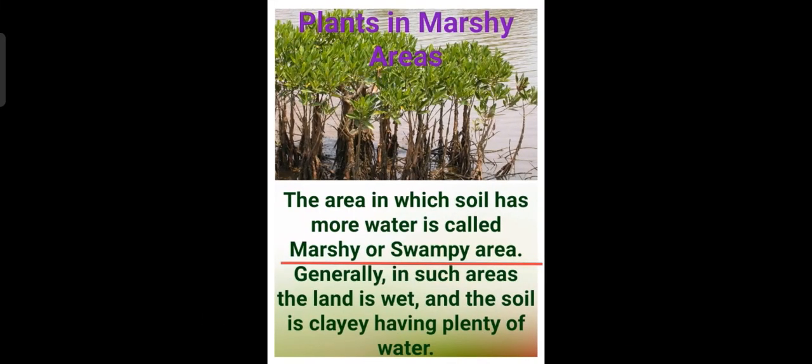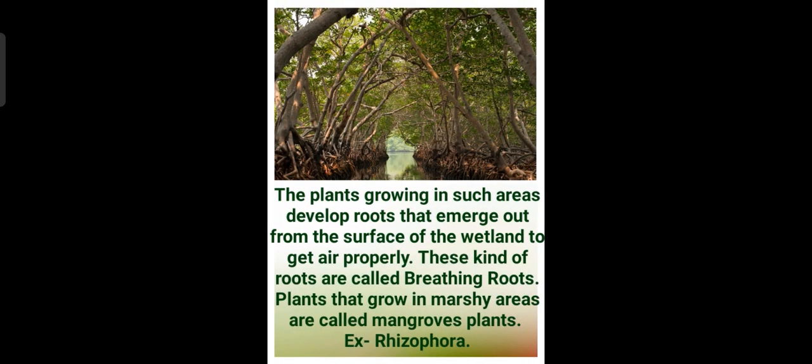Now, plants in marshy areas. The area in which soil has more water is called marshy or swampy area. Generally, in such areas, the land is wet and the soil is clayey, having plenty of water. The plants growing in such areas develop roots that emerge out from the surface of the wetland to get air properly.